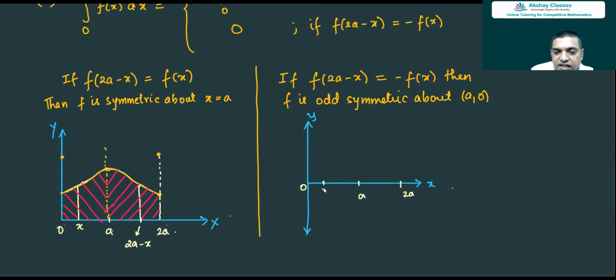Now let's say this is any point x, this is 2a minus x. Whatever is the function value at x, 2a minus x will have the same function value but with a negative sign. So the graph of this function will be like this.